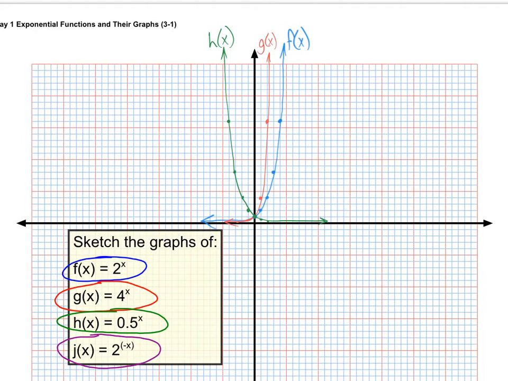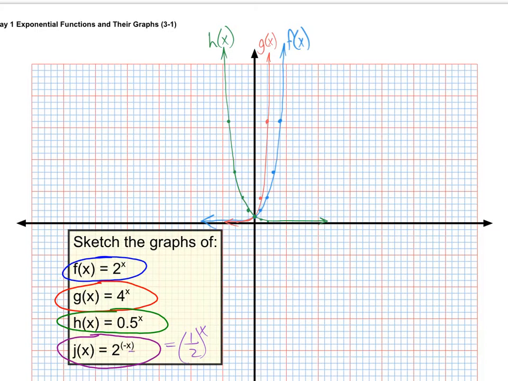So there's our h of x. It's the reflection of f across what? The y-axis. Now, what is j of x here? 2 to the negative x. Can we take this and make it 1/2 to the x?